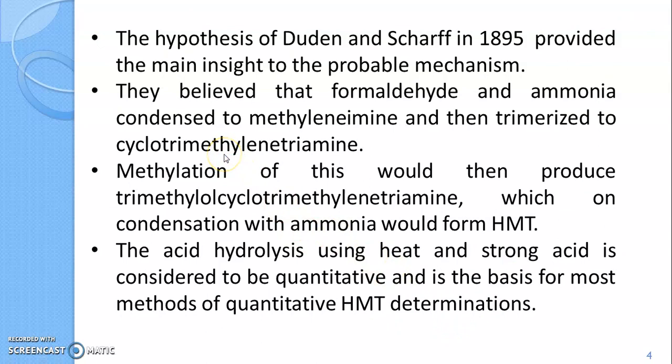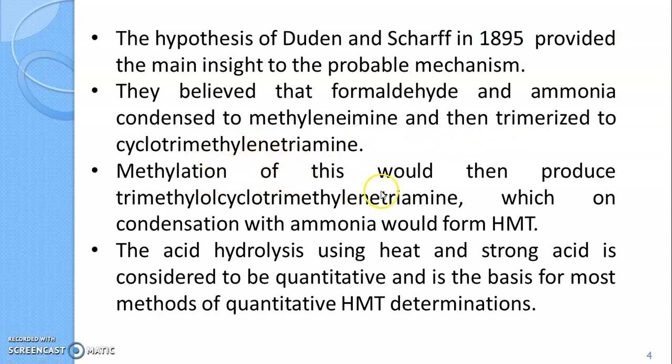So, the hypothesis of Duden and Scharf in 1895 provided the main insight to the probable mechanism. They believe that formaldehyde and ammonia condense to methylenamine and then trimerize to cyclotrimethylene triamine.